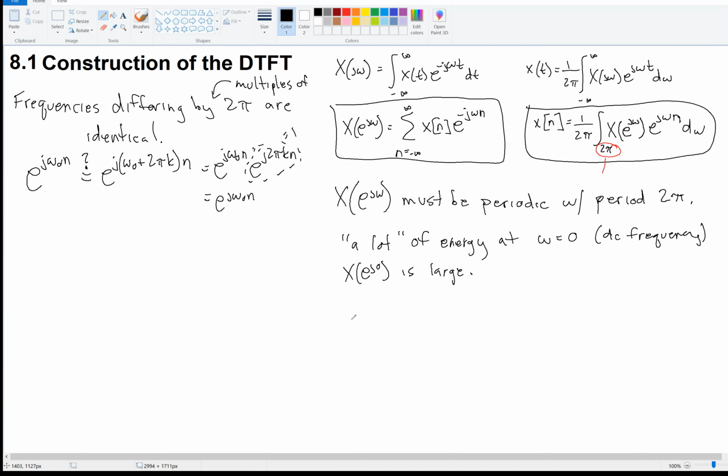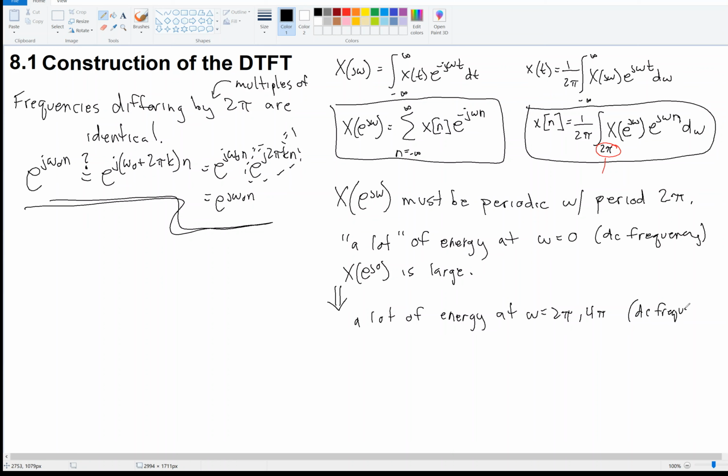Well, that must mean you have a lot of energy at omega equal to 2 pi because frequencies differing by multiples of 2 pi are identical. So these differ by 2 pi, or 4 pi, or minus 2 pi, or minus 4 pi. These are also considered DC frequencies.